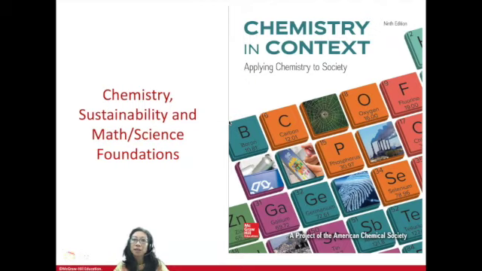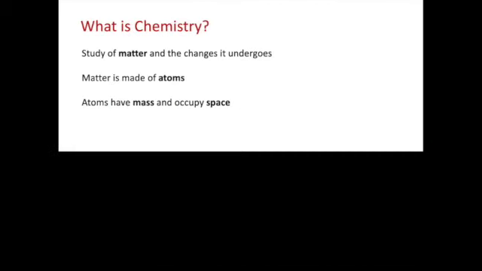sustainability and environmental issues. Let's start by defining chemistry, which is the study of matter and the changes it undergoes. So we are studying matter. I bet you didn't know that when you signed up, but we are studying matter, and this is everything in the universe.